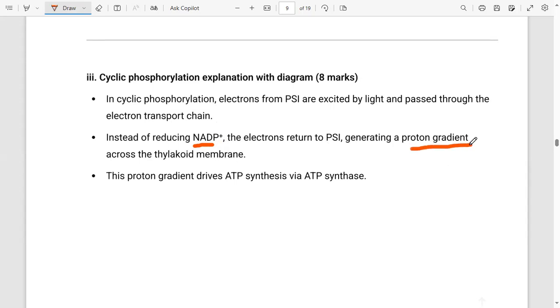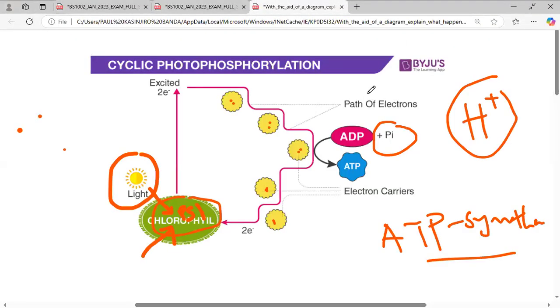The proton gradient. This proton gradient makes it possible for the ATP synthase to add an extra phosphate to the ADP, and once you add an extra phosphate to the ADP, it produces what? ATP. This is just a summary, but I've shown you the diagram that you can use.